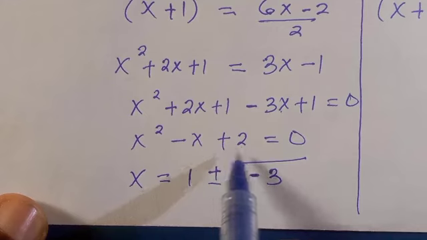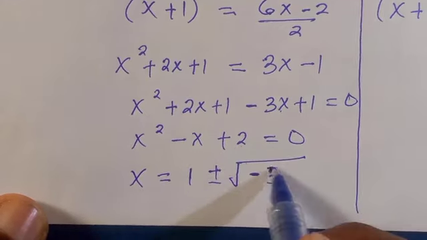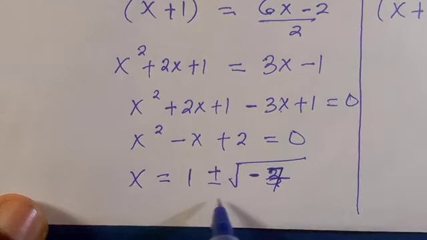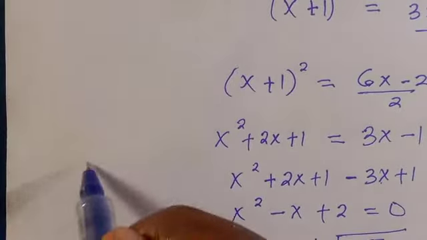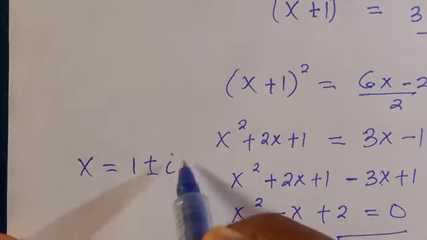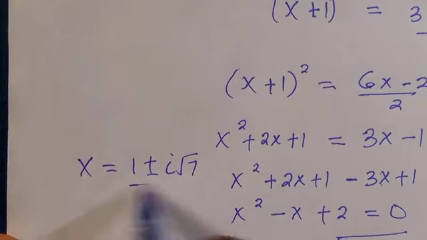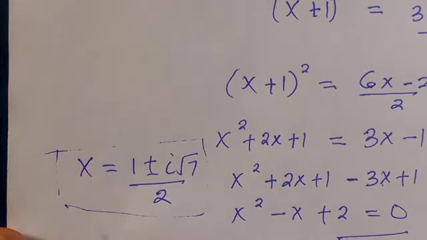Alright, so 4 multiplied by 2 is 8, and we have 1 here, so we are going to have minus 7, divided by 2. And minus 7 here is a complex root, which we have the solution as x equals 1 plus or minus i root 7 divided by 2. That's what we have for the first solution to this.